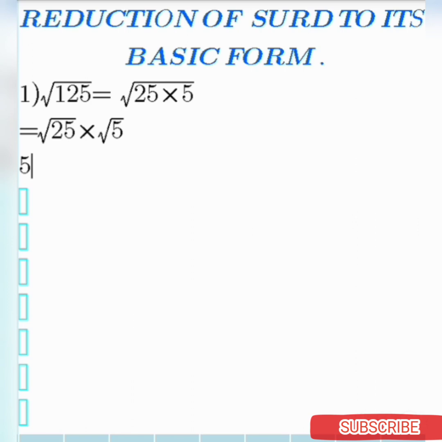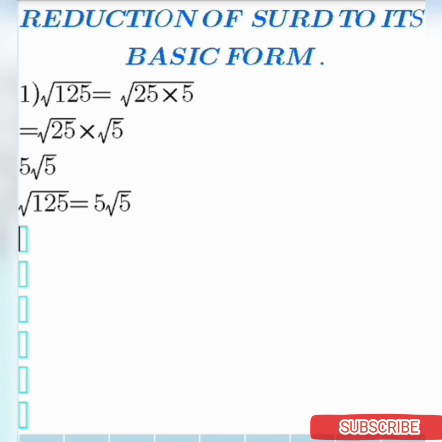Since the square root of 25 is 5, you don't need to do any further expression. What you just do is go to your root 5 and bring it down like that. You now have 5 root 5. That means these two expressions are the same thing. Root 125 is equal to 5 root 5.